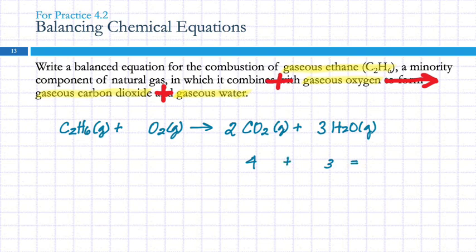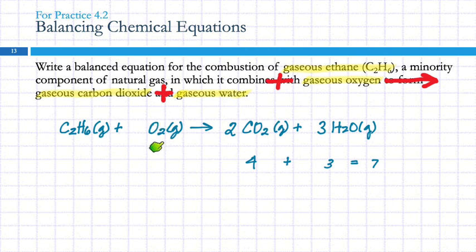So that gives me a total of 7. What do I have to multiply 2 by to get 7? You can't use a whole number there. You could use 7 halves, right? Because 7 halves times 2 is 7. That's how you can end up with a fraction as a coefficient. Most students would rather avoid fractions whenever possible, right? So let's not do that.